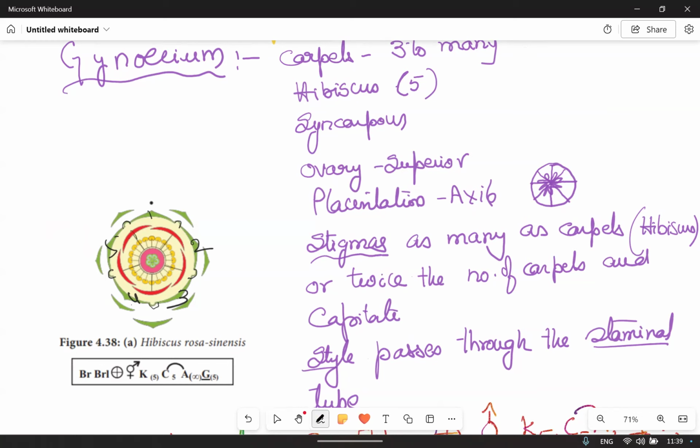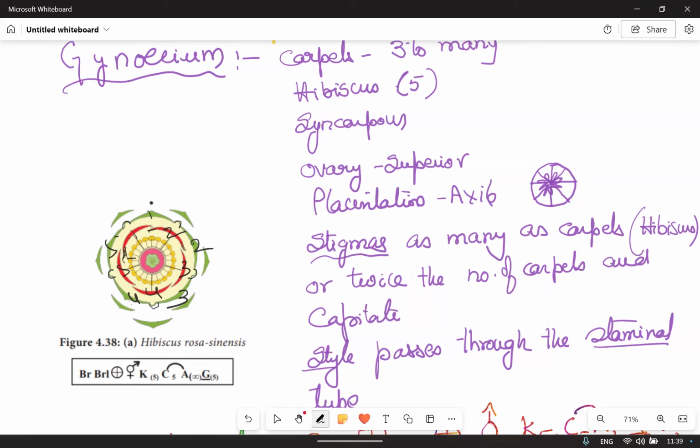Petals you see 1, 2, 3, 4, 5. Are they free or not? These are free, because of that reason they are under subclass Polypetalae. And what type of estivation is it showing? Twisted estivation: one margin outside and one margin inside.